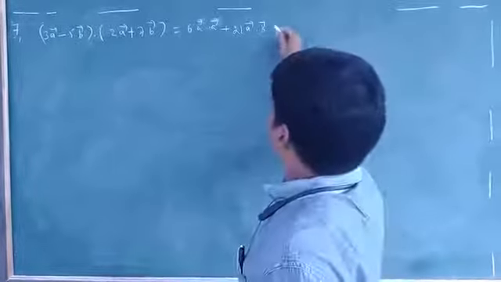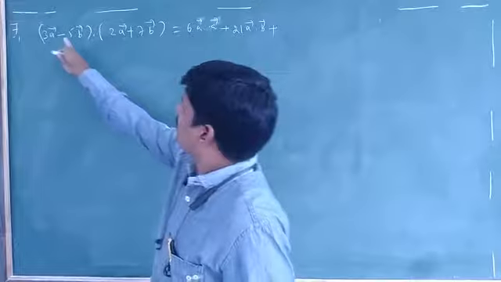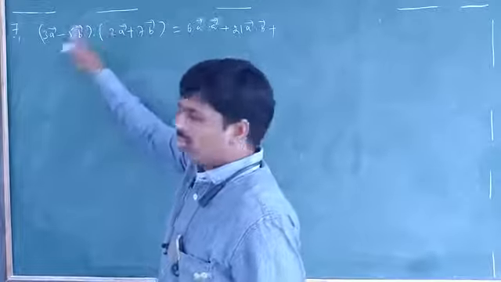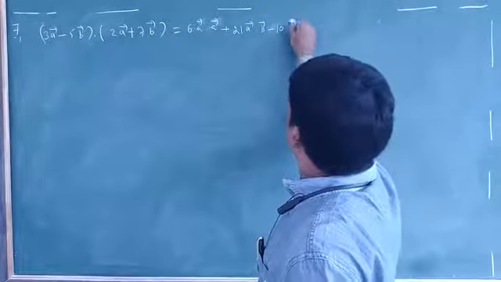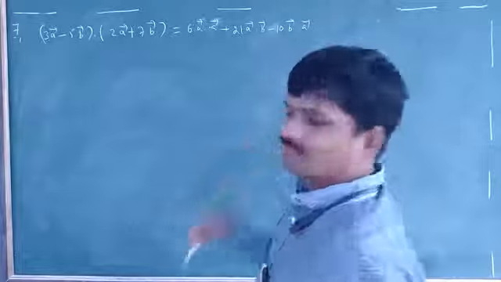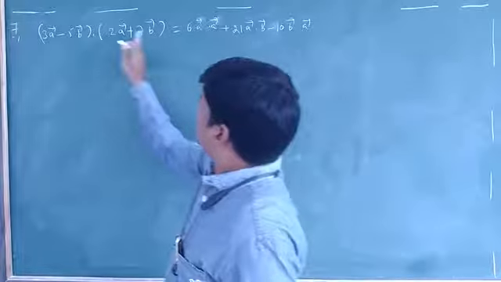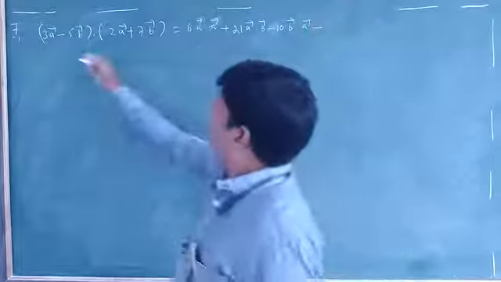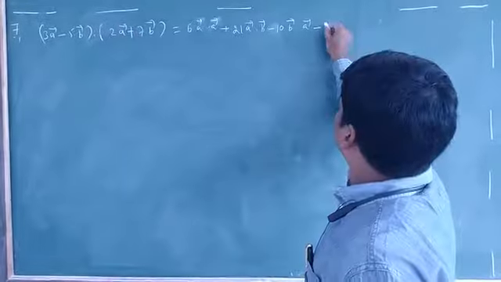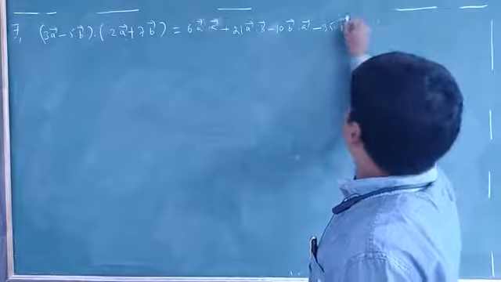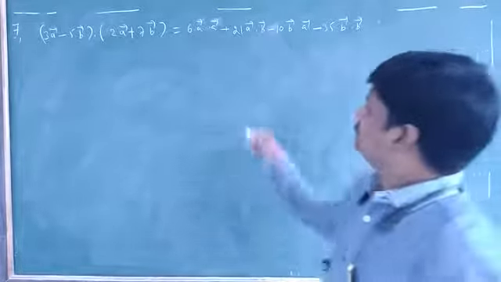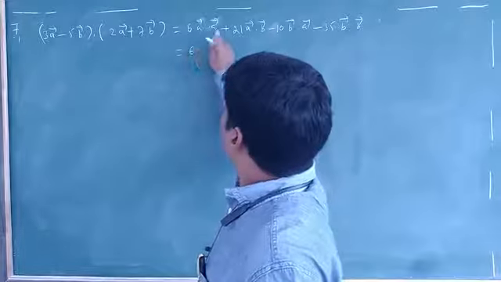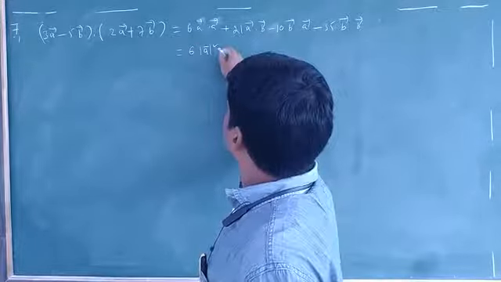Next, plus minus 5 into 2, that is minus 10 b bar dot a bar. Plus, into minus, here 5 into 7, 35 b bar dot b bar. Now here 6 a bar dot a bar means mod a bar square.